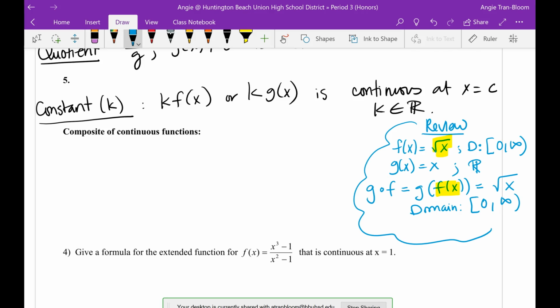So when you compose two functions, it is continuous only where they both overlap. These two functions overlap from 0 to infinity, the positive side. It's the same thing here, except the language is so confusing. I figured an algebraic review makes more sense.